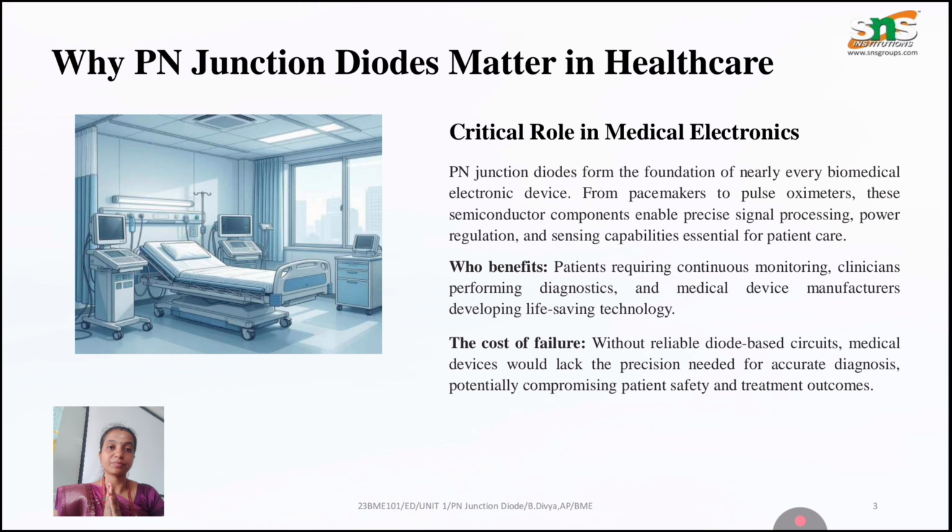The electrons and holes attract each other and we get a layer in between the P-type and N-type called the depletion region or barrier potential. This is how the PN junction diode works.